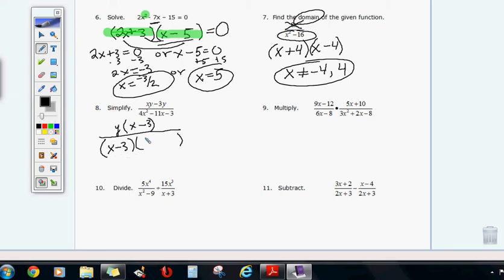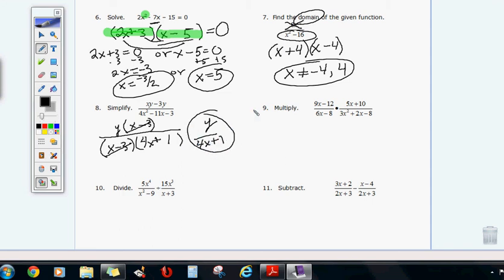But if that was x minus 3, then I would have a 4x here. I would have to have a plus because the signs would have to be different. And then the factors of 3 are 3 and 1. So looking here, if I actually FOIL this out, I get positive 1x, negative 12. It does combine to that middle term. So this does work out like that. So the final answer to this problem would be y over 4x plus 1.